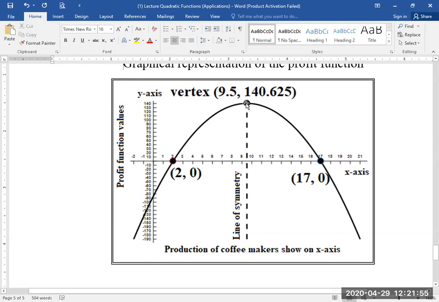And this is the maximum value, which is called the vertex. The maximum value is attained at 9,500 units of coffee makers production, and the maximum value is $140.625 thousand.